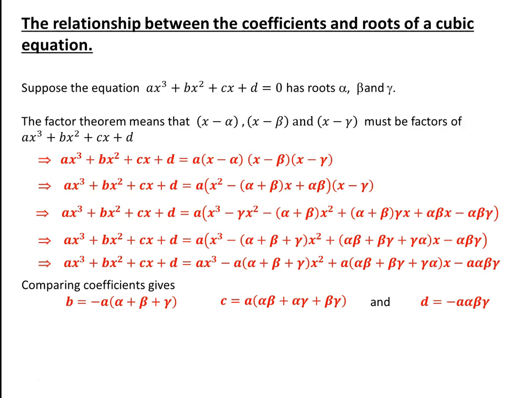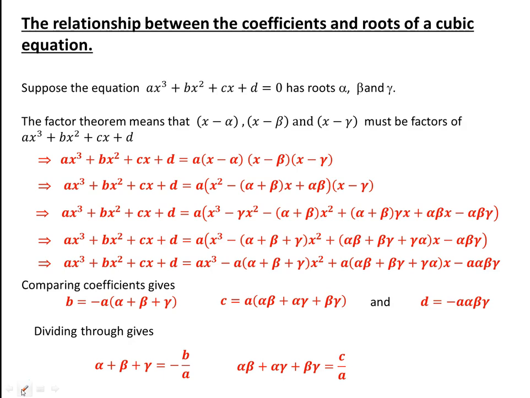Now if we divide these expressions through, in the first case by minus a, we will get minus b over a equals alpha plus beta plus gamma. If we now divide each side of the second equation by a, we get c over a equals alpha beta plus alpha gamma plus beta gamma.